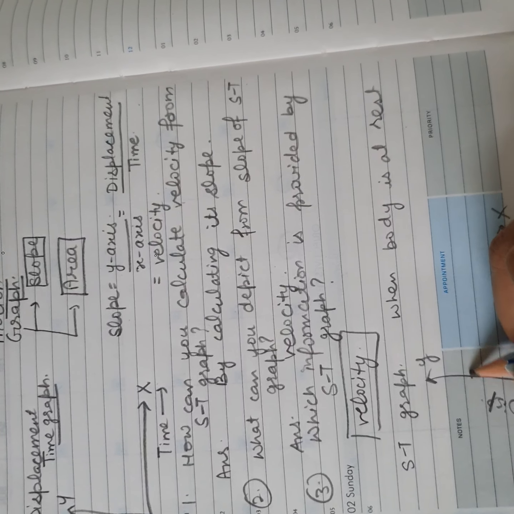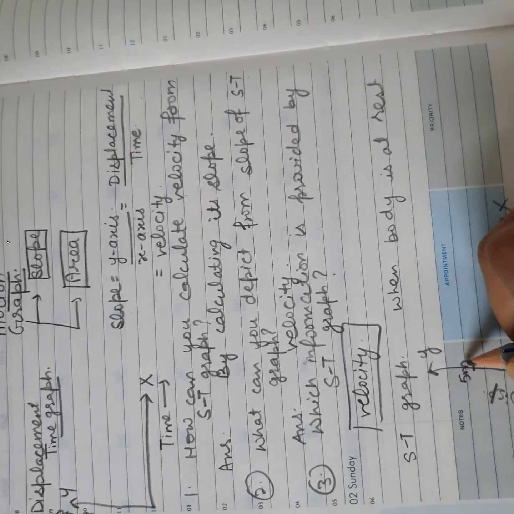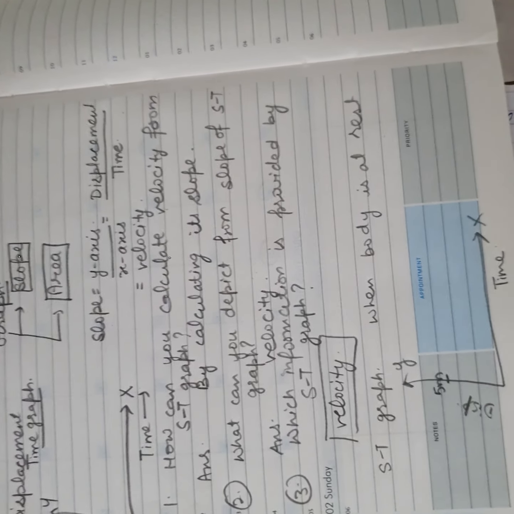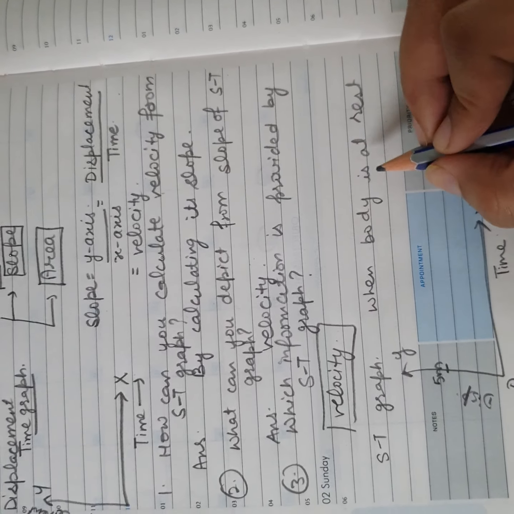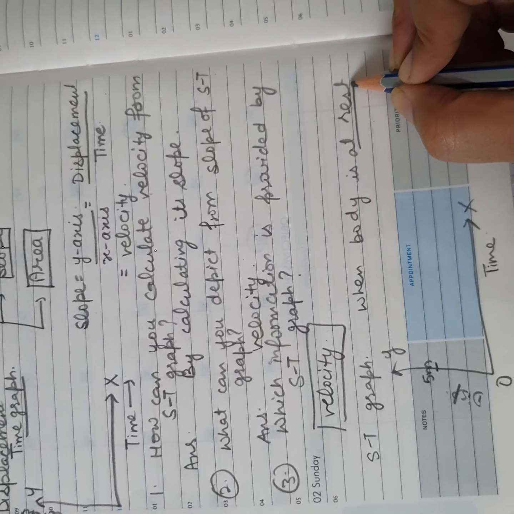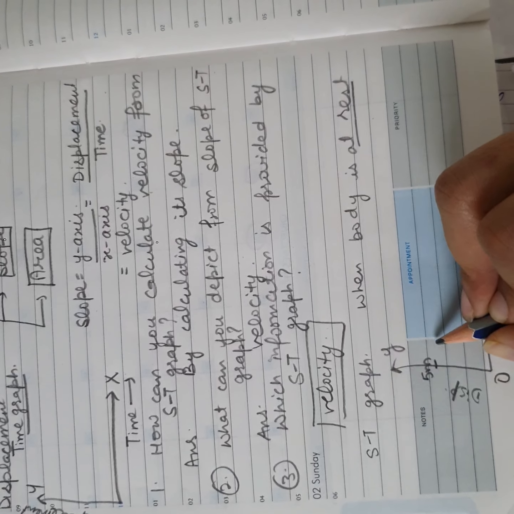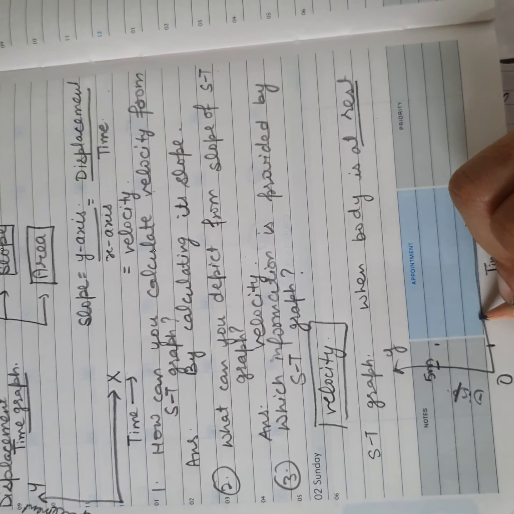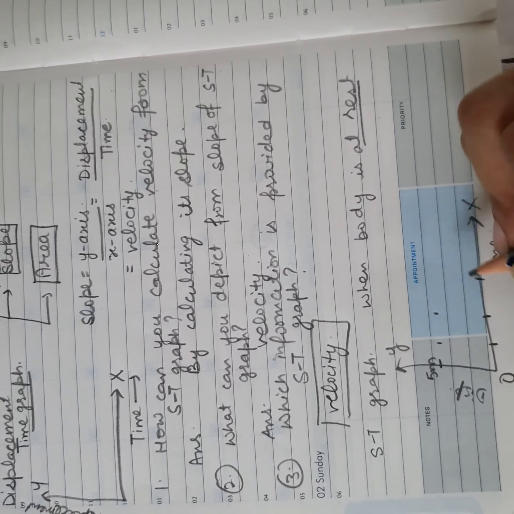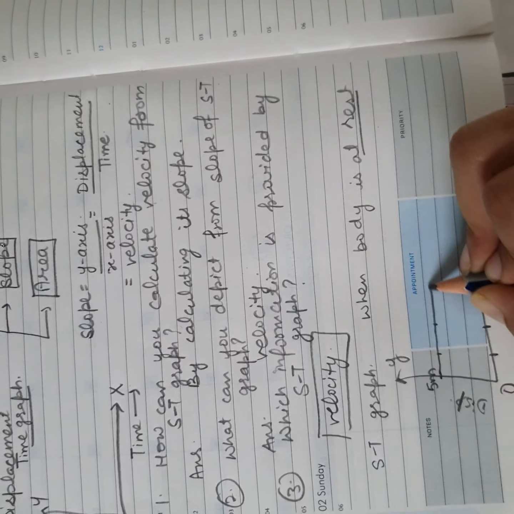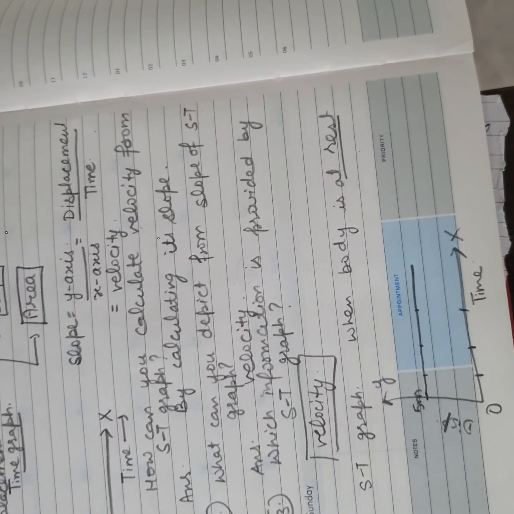If your vehicle is standing at 5 meter from the origin, it is at rest. Then at 1 second it is again at 5 meter, at 2 second it is again at 5 meter, at 3 second it is again at 5 meter, then you will obtain this kind of graph.